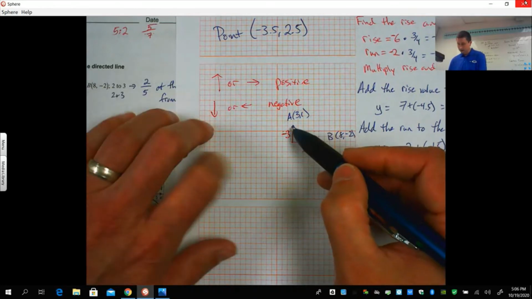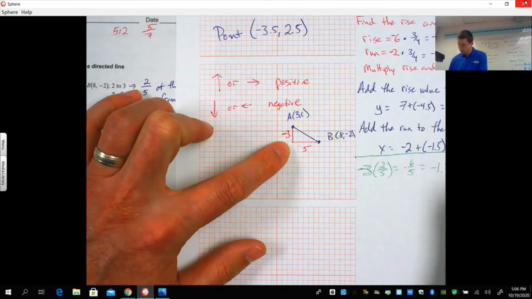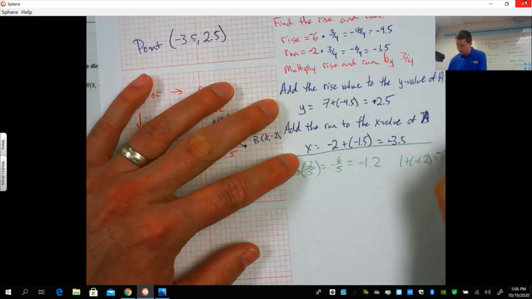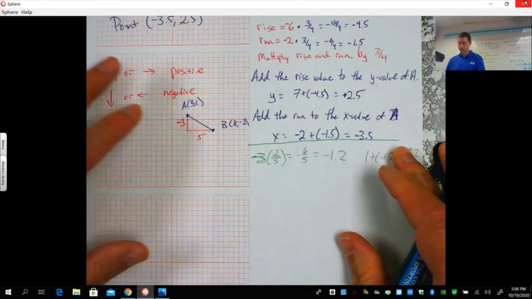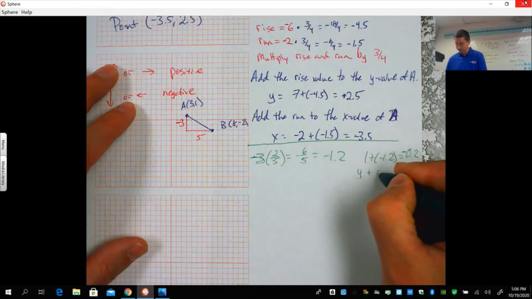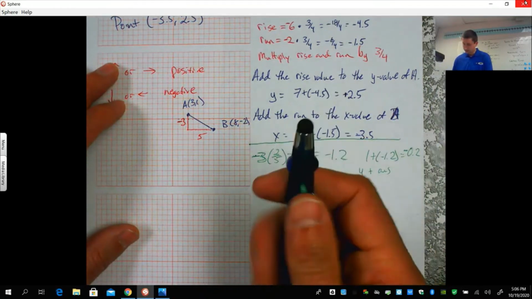That was on a rise, so I'm going to add that to my y value. So 1 plus negative 1.2, we get negative 0.2. There we go. So you take your y value plus that answer right there. For a point P, I don't like how that looks.